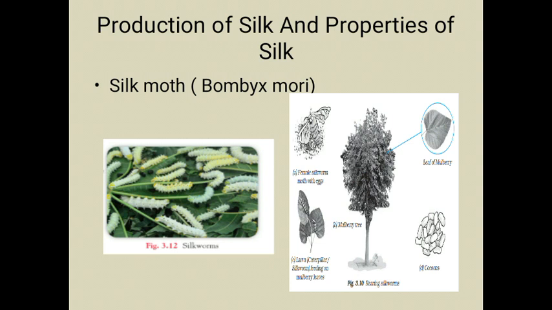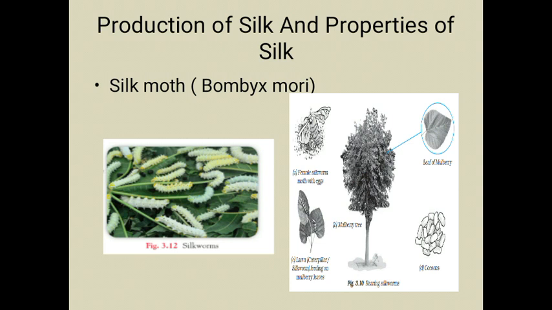Silk is lustrous and can be dyed to different colors. As silk can absorb moisture, we feel comfortable wearing silk dresses. Silk is not affected by water, although detergents and perspiration can break down the fibers.